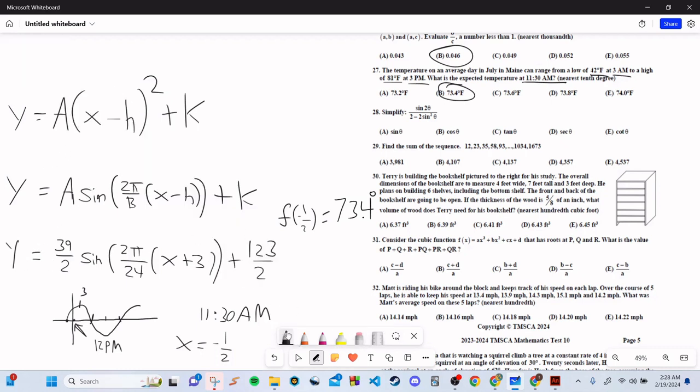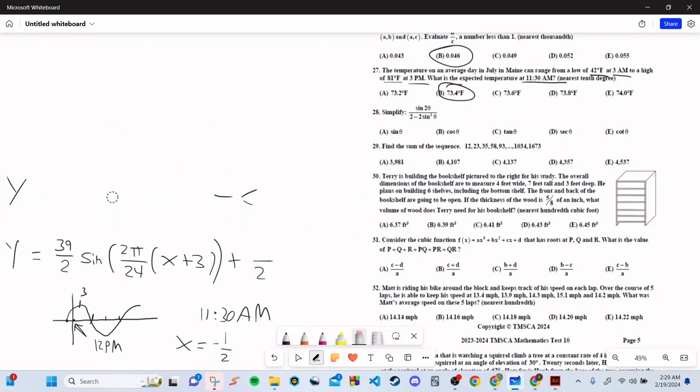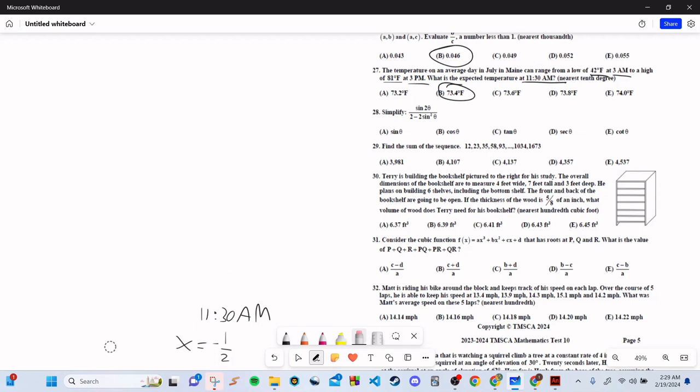So the thing to know is just how to construct a sinusoidal equation like this. But moving on, so we get to question 28. So we've got this expression. We've got sine of 2 theta over 2 minus 2 times sine of theta squared.